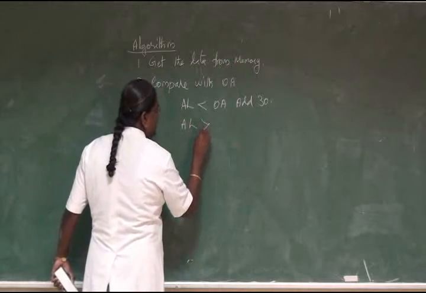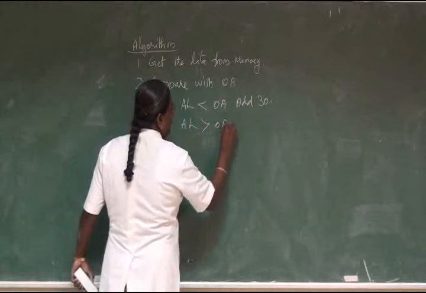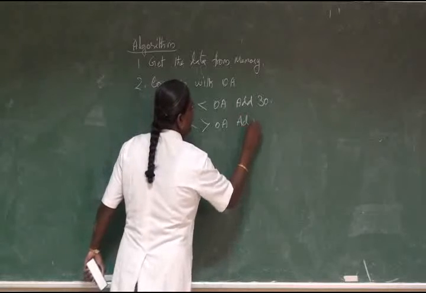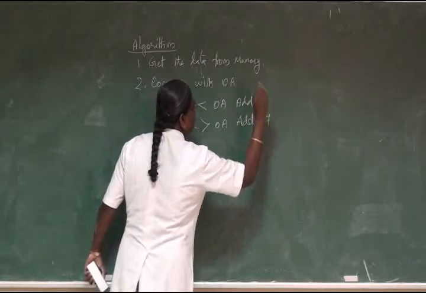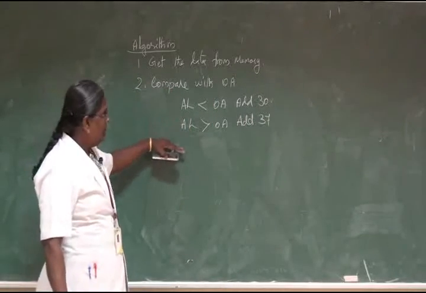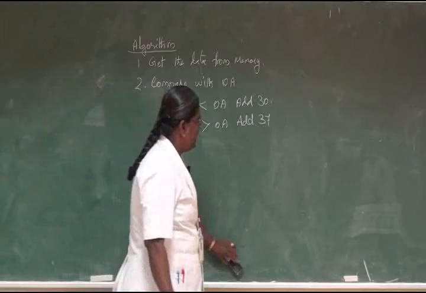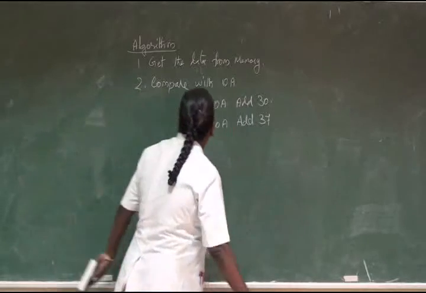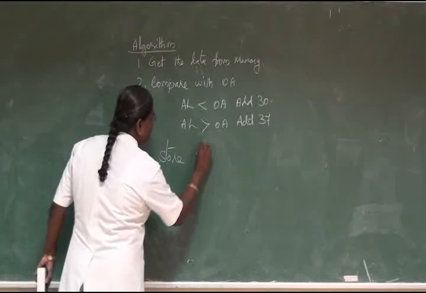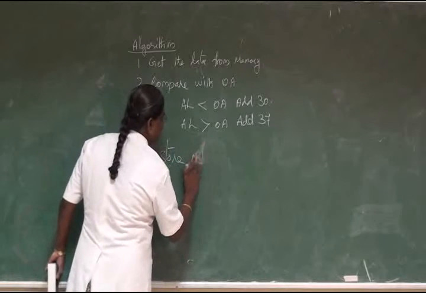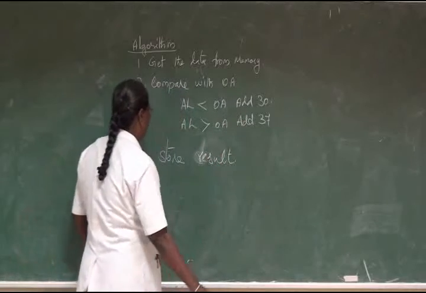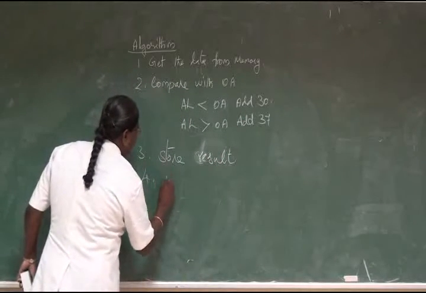If AL is greater than 0A, we have to add 37. Then the result should be stored in the destination address. Then terminate the program.